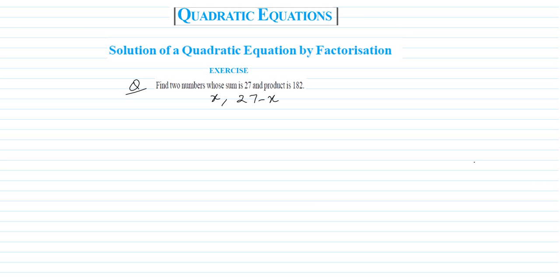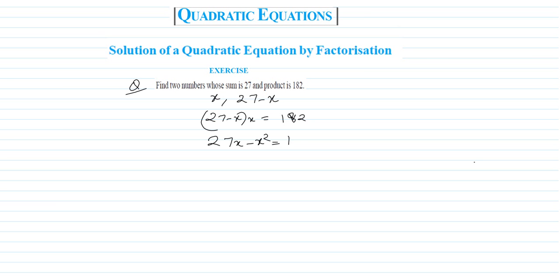And it is also said that the product is 182. So if you multiply these two numbers, x and 27 minus x, the product will be 182. Okay, so multiplying these two numbers, this will be 27x minus x square is equal to 182.